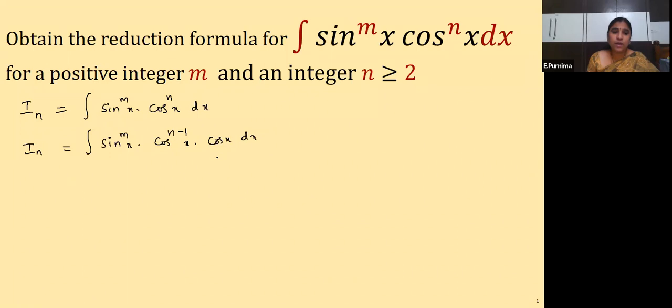Now here I am rearranging the terms, children, so that cos to the power of n minus 1 x into sine power mx into cos x I am writing together. Understood? So why am I doing it like this? Because here we have 3 terms. So again here also we have to apply u into v. So which should be taken as u and which should be taken as v?